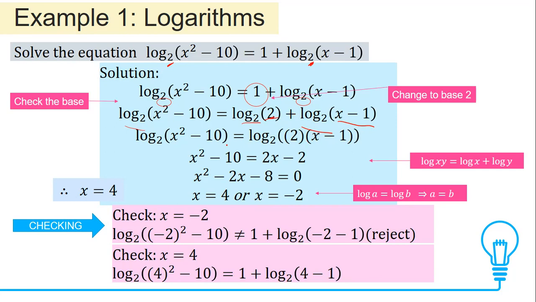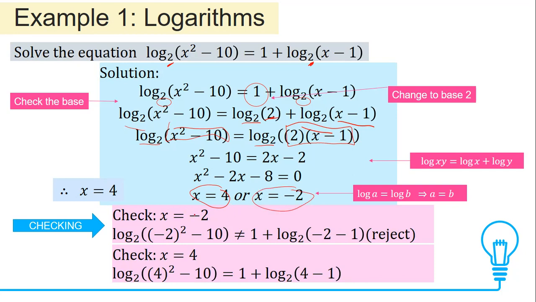Since both sides have the similar base, we say that x squared minus 10 equals 2x minus 1, so x squared minus 10 equals 2x minus 2. Then we solve our equation. We have x equals 4 and x equals minus 2. Again, when involving log, we need to substitute our answer back to verify the validity.